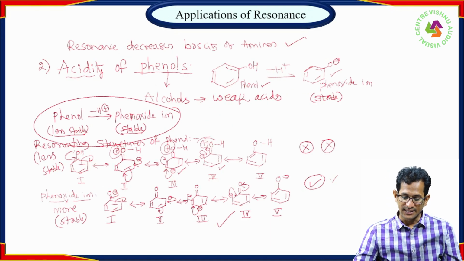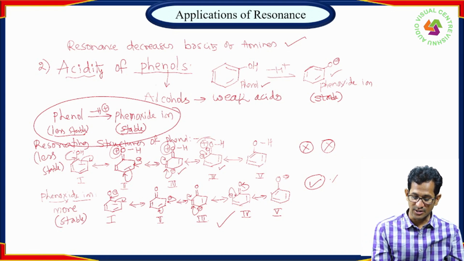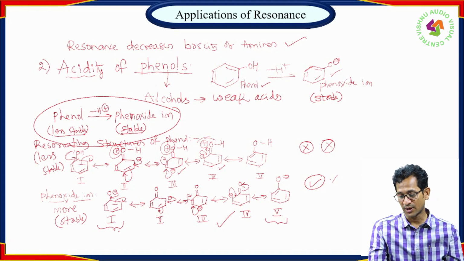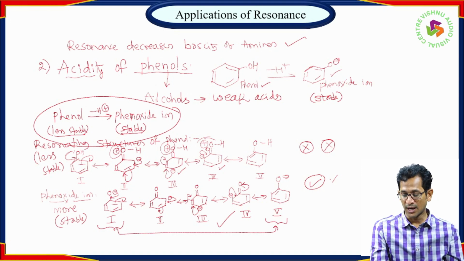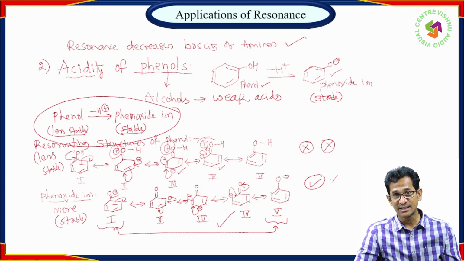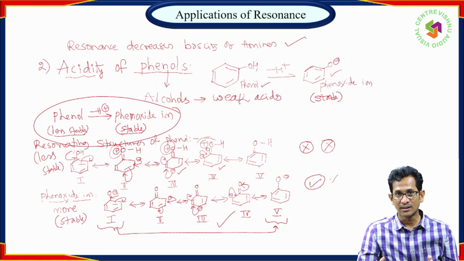See here, in the case of the phenoxide ion, resonating structure 1 and resonating structure 5 are identical resonating structures. This one has 3 double bonds, and this one has 3 double bonds, with the negative charge on the oxygen in both. So both are identical resonating structures.